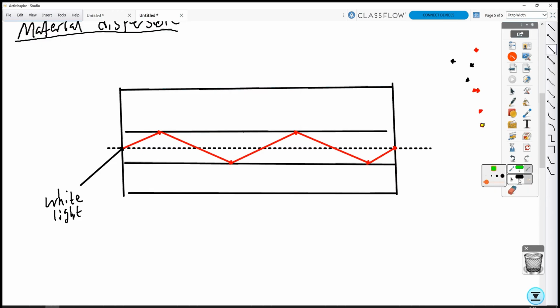So green will refract more than red. And then we'll also do blue. So that gives us the three colors.